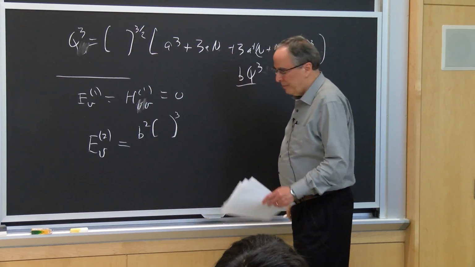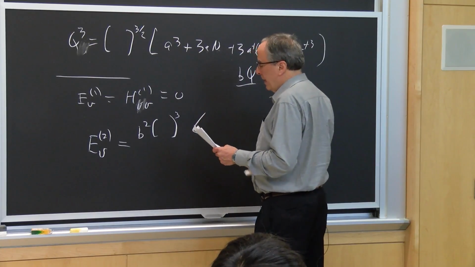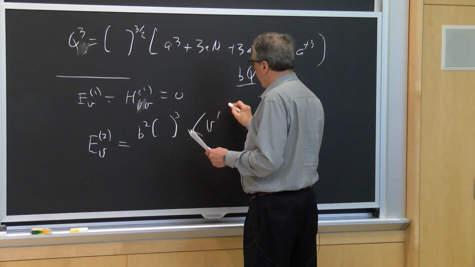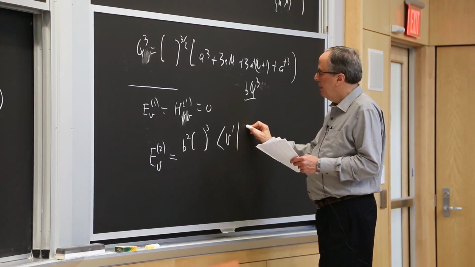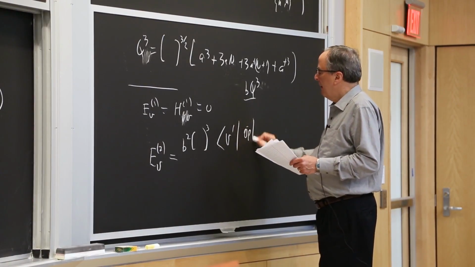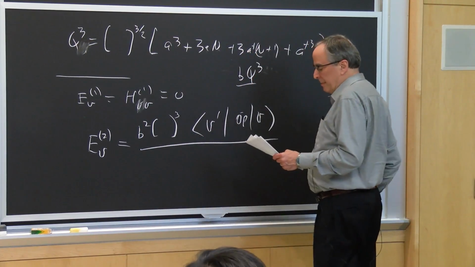So this bunch of constants, and then you get a matrix element v prime, some operator, v, and then we get an energy denominator.